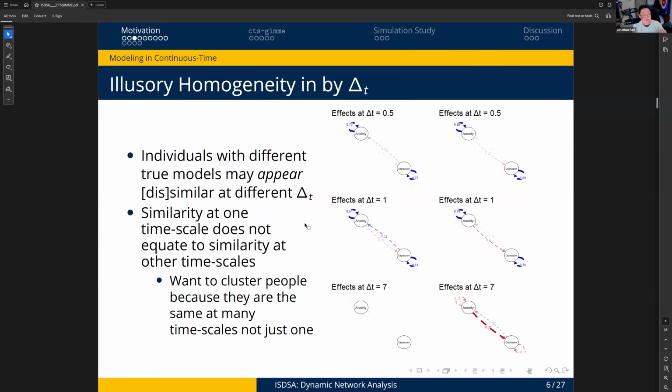In this case, I've simulated two time series of two people who have different data generating continuous time models. The idea here is that if I were to cluster or subgroup people based off of their cross regression dynamics, I might choose to cluster people based off of whether they have cross regressions that are significantly different from zero and maybe whether they have the same sign, right?